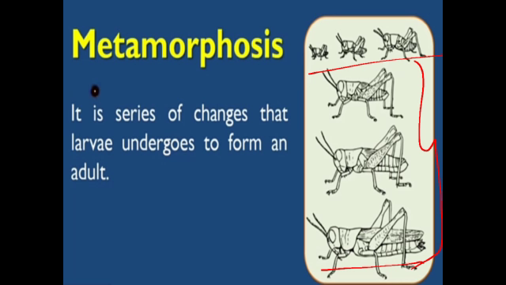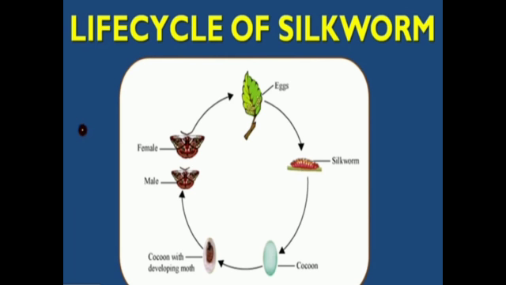Now, with the help of an example we are going to study the process of metamorphosis, the life cycle. Here we have the life cycle of a silkworm. You might have learnt this in class 6th and 7th, in your chapter on fibers and fabrics.